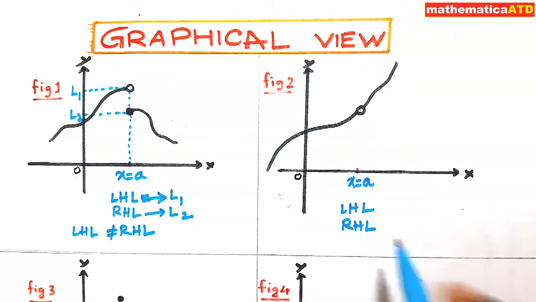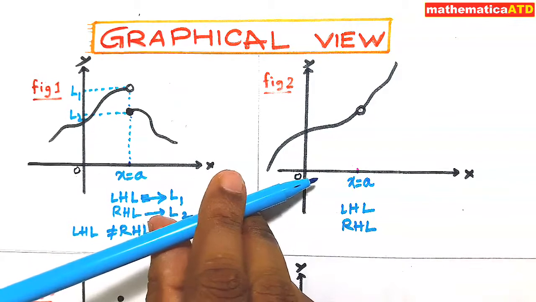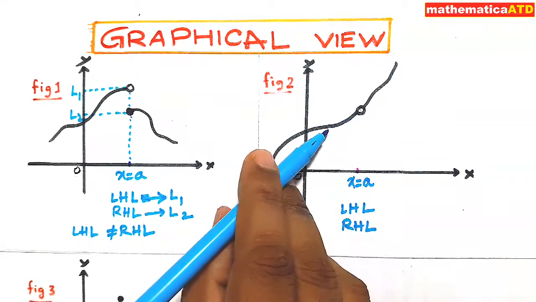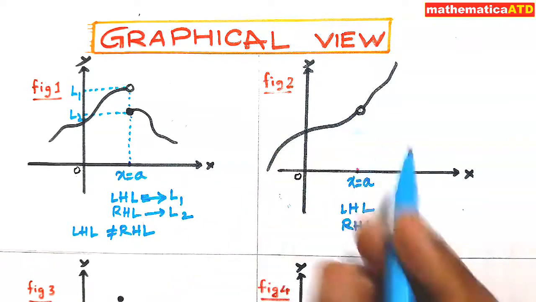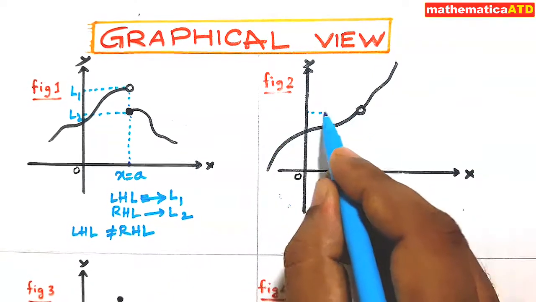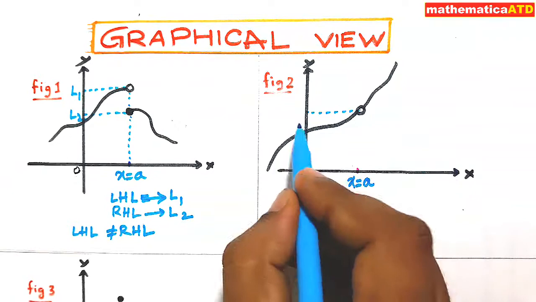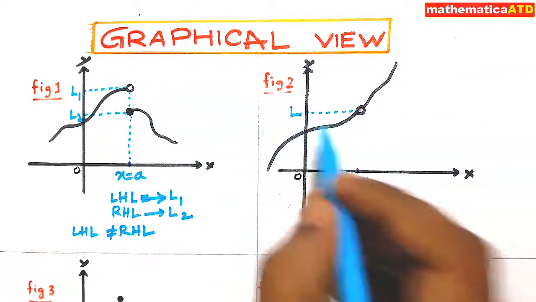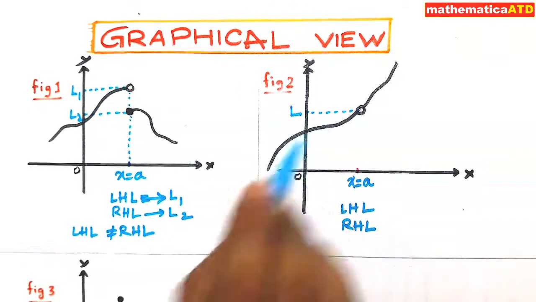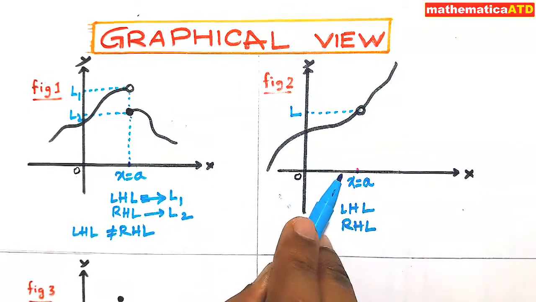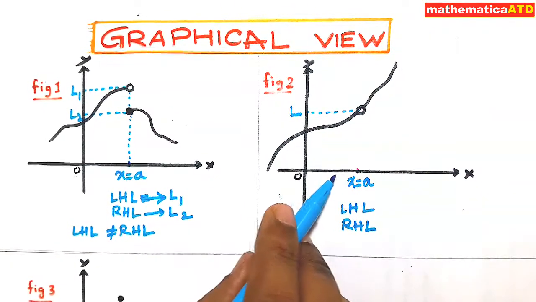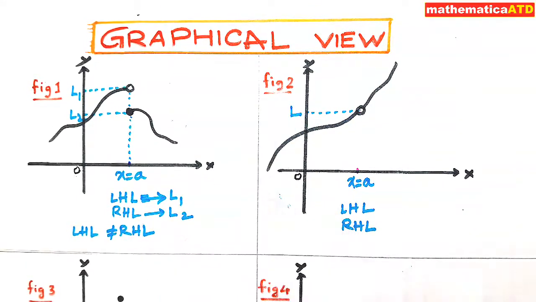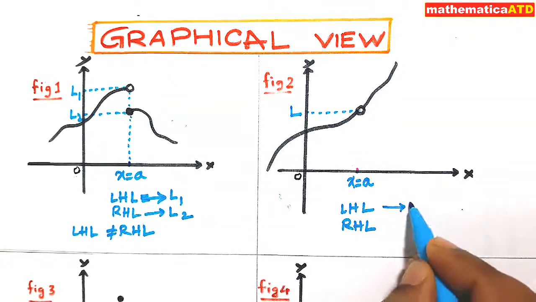When x is tending to A negative, on the function also f(x) is tending to this height. We consider it L. When we are proceeding to x negative, x tending to A negative, then f(x) is tending to L. So LHL is tending to L.